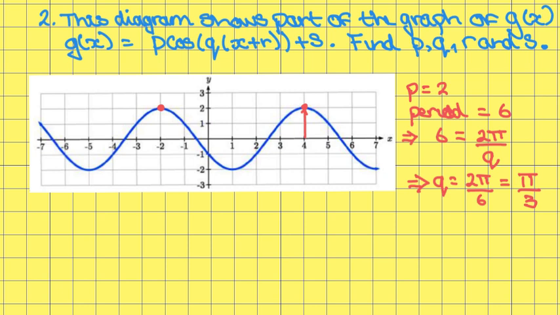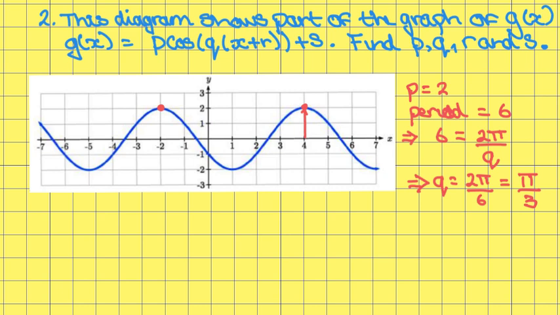Now we need to find r, which is the horizontal shift. The equation that we're given is a cos function. That means that normally for a cos function, the maximum is at 0, so somewhere on the y-axis. We could move this either to the left or to the right.